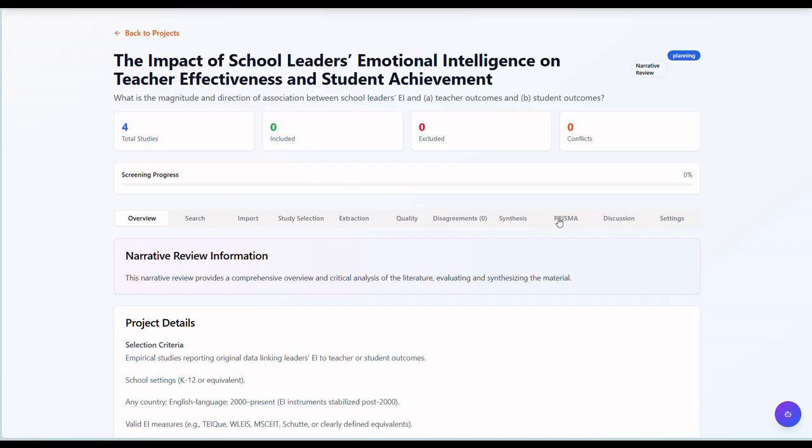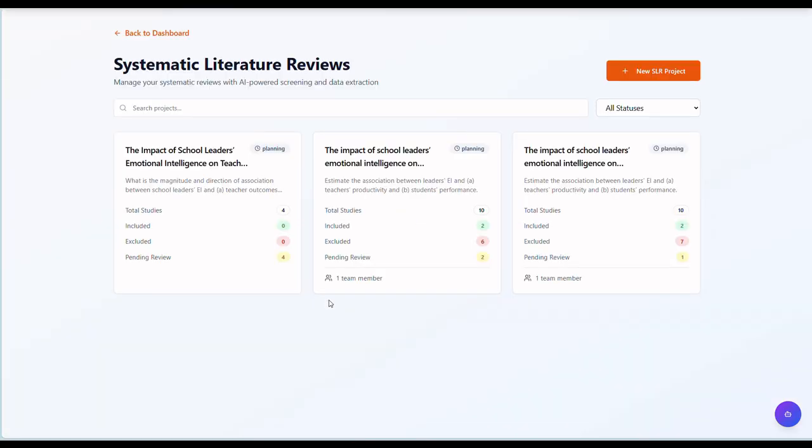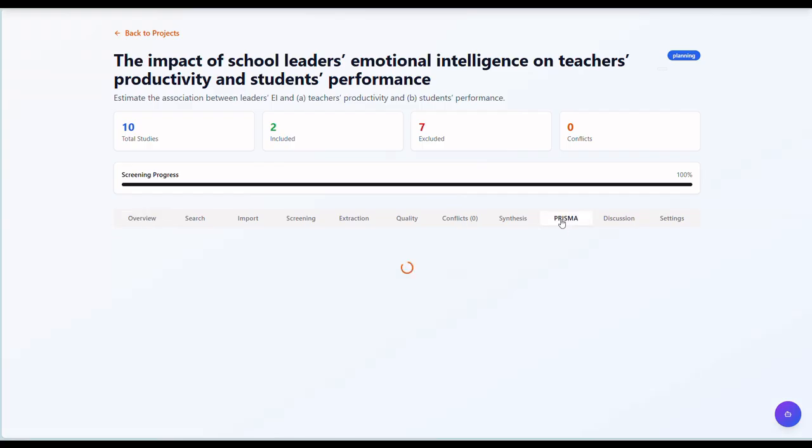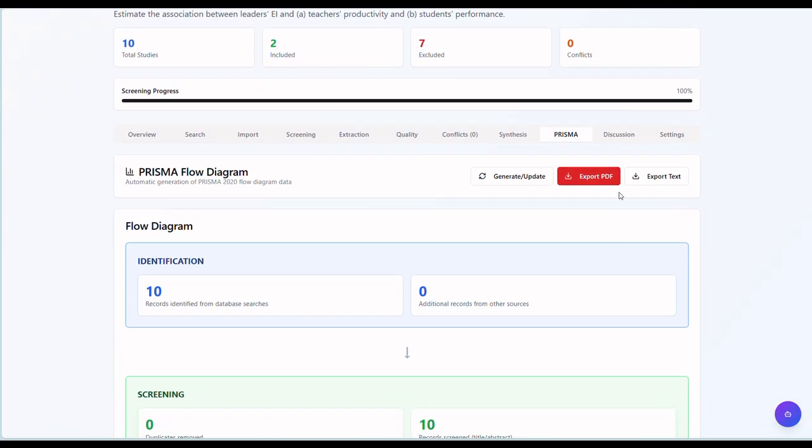Because at the end of the day, for example, let me just go to somewhere. Let's look at this, for example. I've imported some articles into this, and eventually you will see that if I go to PRISMA and I say generate an update, it's going to generate a PRISMA diagram for me.